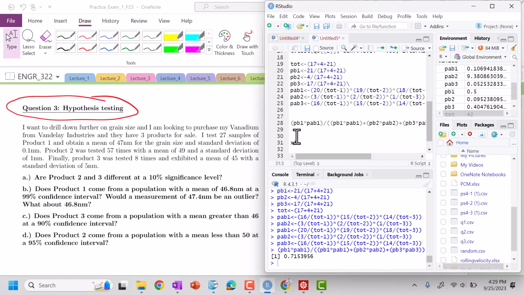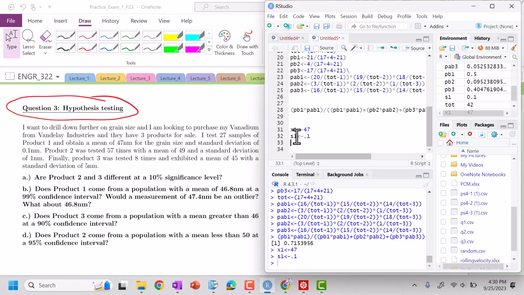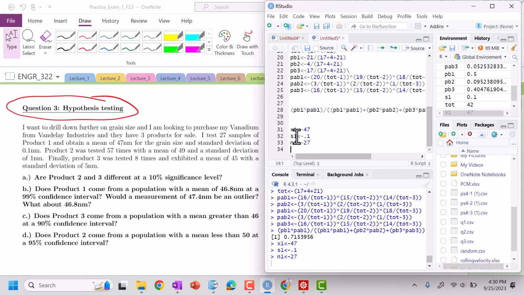Actually, let's go ahead. X1, and then we're going to set that equal to 47, and then control enter. So X1 is 47. S1 is 0.1. Good. And then N1 is 27. Good. N2 is 57.